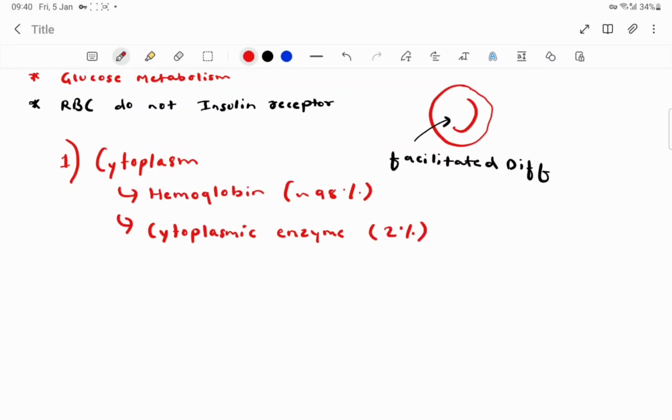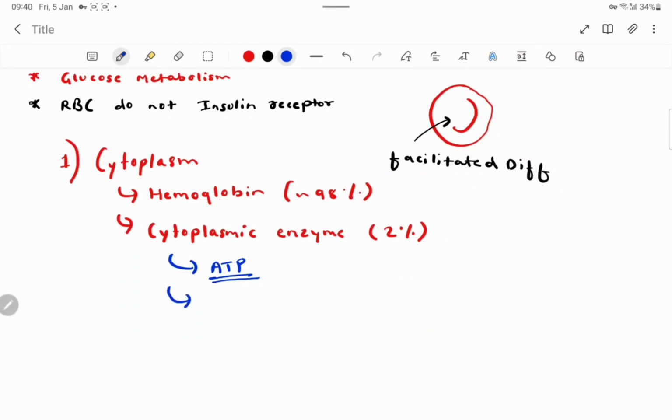So what do these do? These cytoplasmic enzymes are capable of metabolizing glucose and forming ATP. So the energy requirement of RBC is met by these cytoplasmic enzymes. They form the ATP.